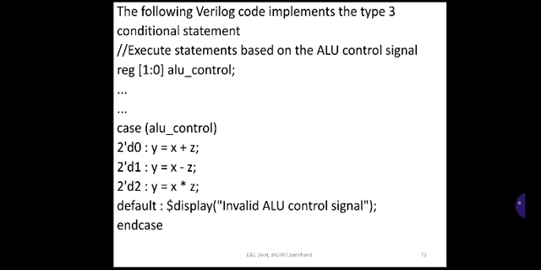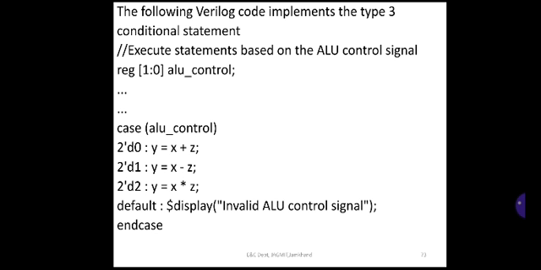If you have given ALU control other than these three values, 0 0, 0 1 or 1 0, if it is any other value, then the default statement is executed.